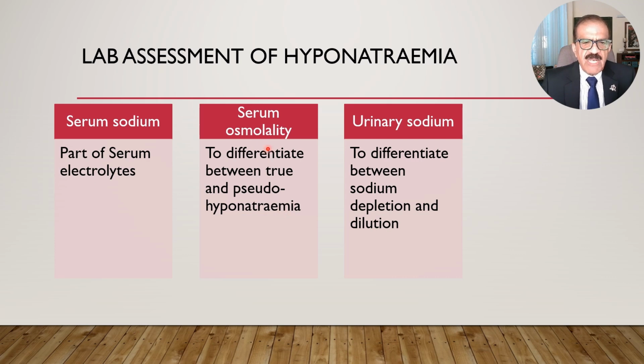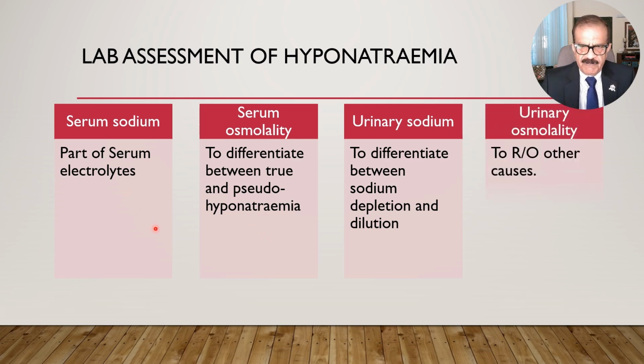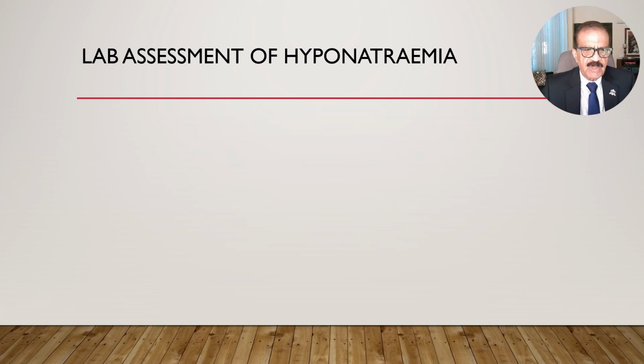So if there is reduction in serum osmolality, that would indicate that the hyponatremia is real. Then urinary osmolality would actually confirm the value of urinary sodium. You would draw the same inference as you would from the urinary sodium. So these are the 4 laboratory tests which may be required to go into the details of hyponatremia.